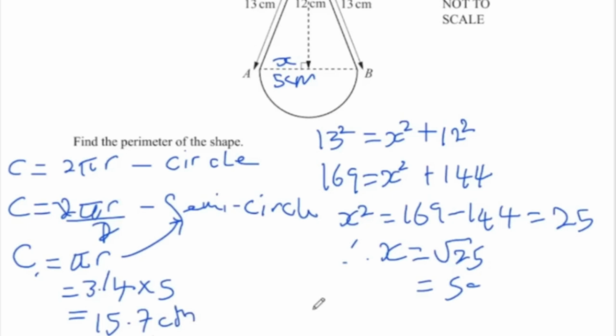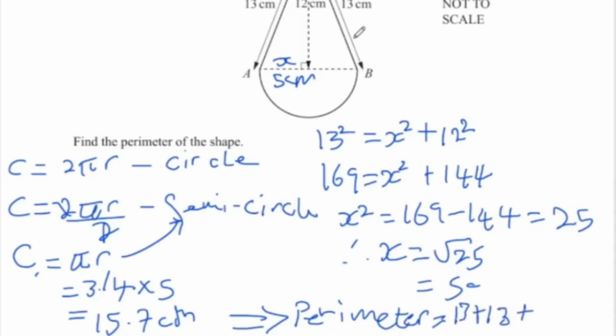Good. Now remember, the question is asking us about the perimeter. So we just need to add this around, and that gives us the perimeter of that composite shape. So perimeter is equal to 13 plus 13, plus this part we just calculated, 15.7.